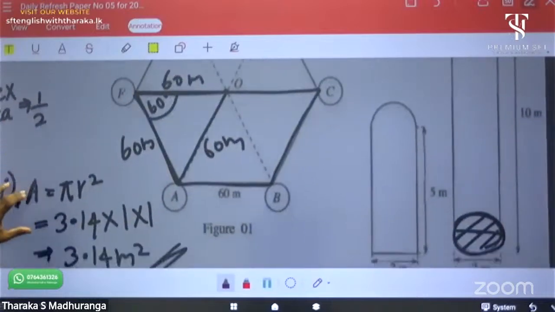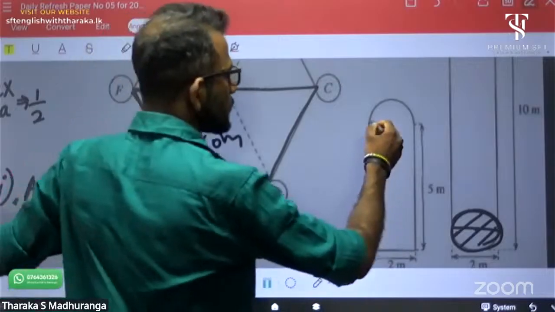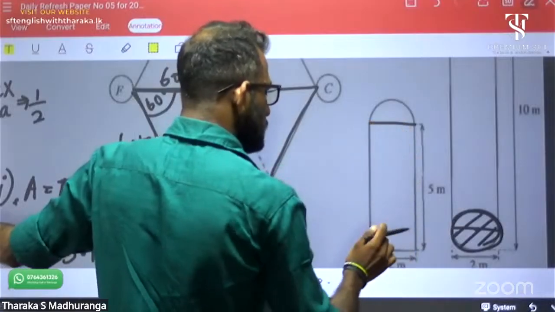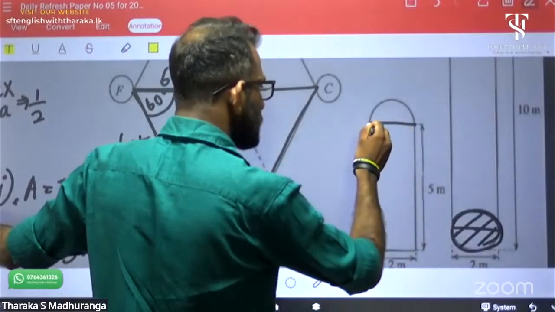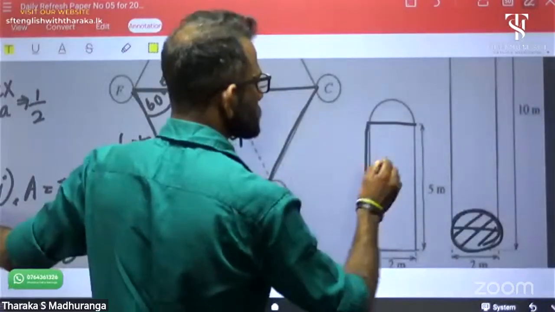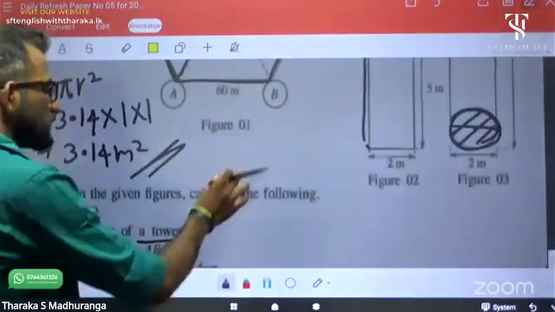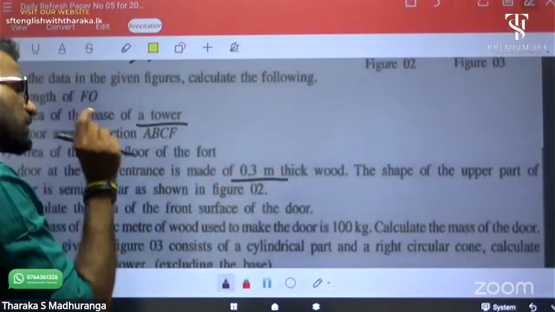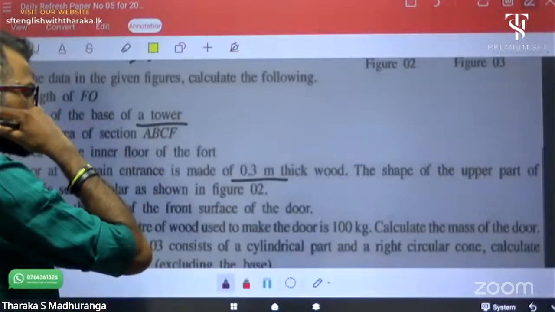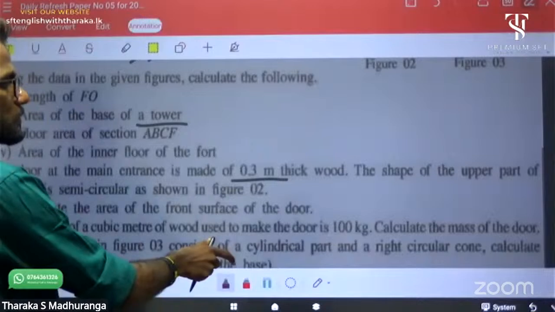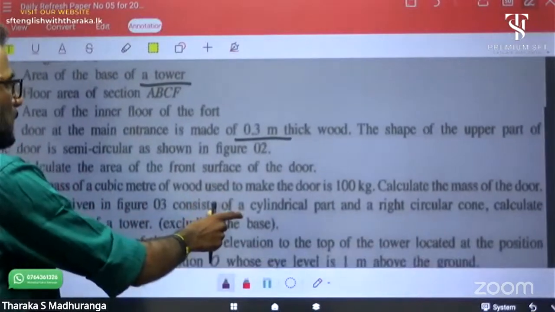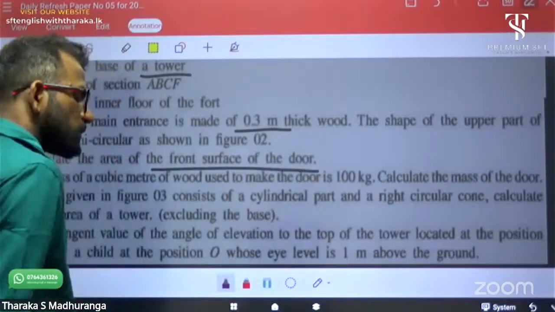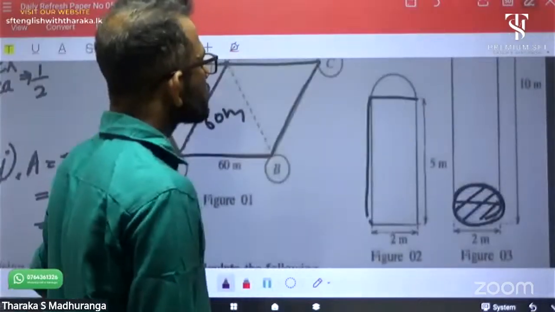It's a small cuboid and a semicircular part with a thickness of 0.3 meter, that means 30 centimeter. Calculate the area of the front surface of the door. Very simple.